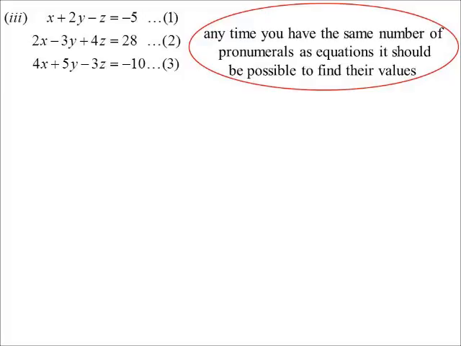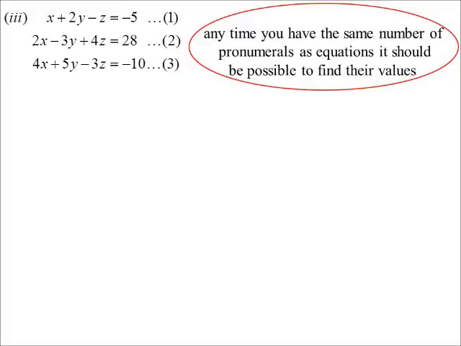If this was a coordinate geometry problem, we're actually talking about a 3-dimensional space, because we now have an x-axis, a y-axis, and a z-axis. So you've got to imagine a three-dimensional space. So we're now talking about 3 planes in a three-dimensional space, and it will also have a point of intersection somewhere.